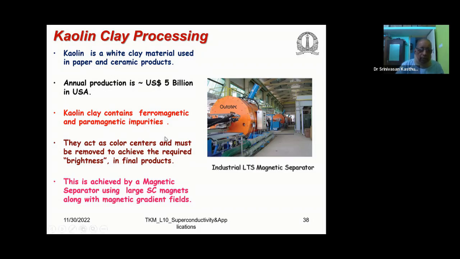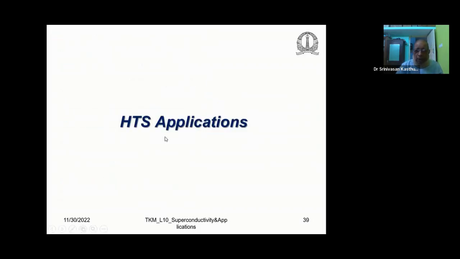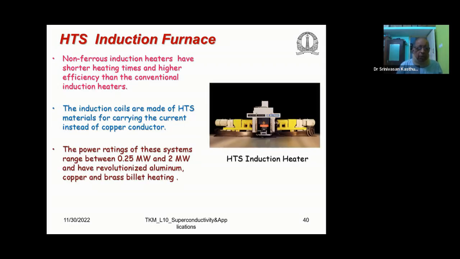Right. Now let's look at the high temperature superconductor applications. The high temperature superconductor induction furnace is one of the important applications. Non-ferrous induction heaters have shorter heating times and higher efficiency than conventional induction heaters.